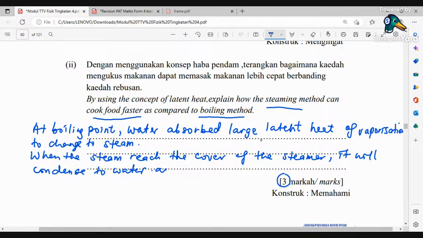Release larger amount of heat, latent heat of vaporization.